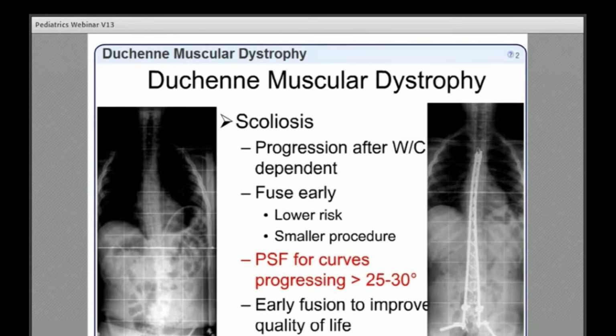Children who are developing spine deformity are traditionally fused early because of their lower risk of surgery, the smaller magnitude of the operation, and the fact that they are able medically to survive the operation and avoid complication more easily. So typically these curves are fused prior to reaching 30 degrees in magnitude. The early fusion improves the quality of their life, but it does not increase the length of their life.